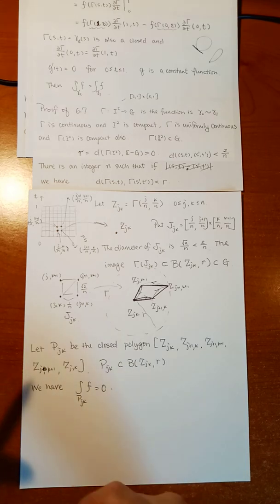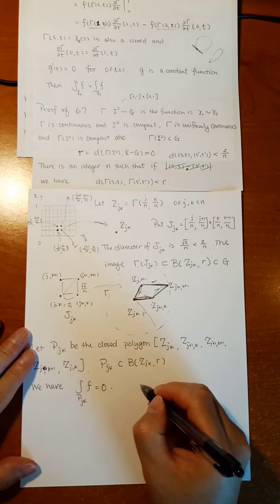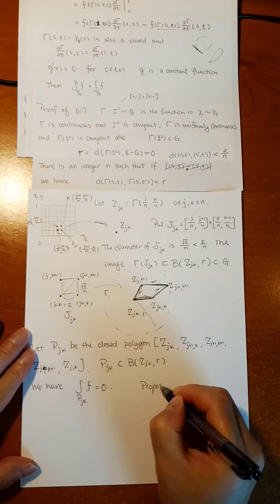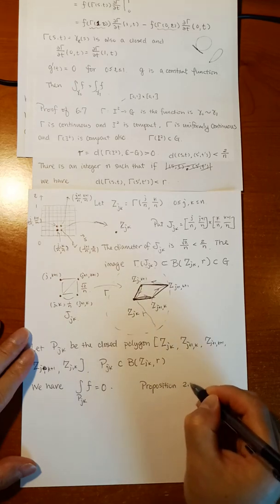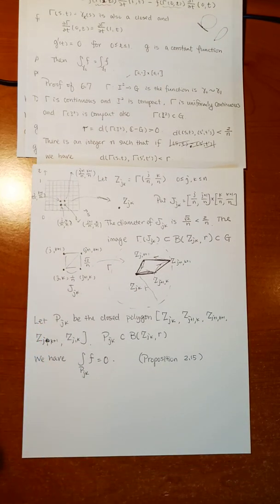And the polygon is closed and rectifiable, so this integral is always equal to 0. We proved this. Actually, in the textbook it is Proposition 2.15. The main reason is that it has a power series representation, then it has a primitive. All right.